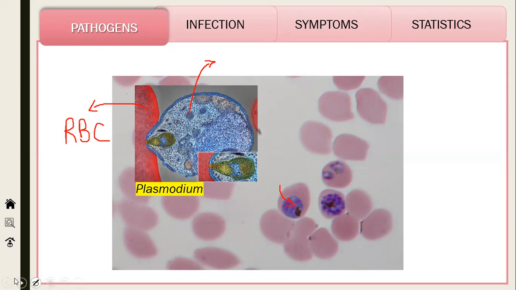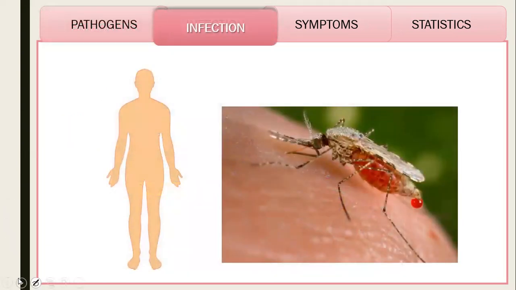sexually. So these pathogens are transmitted to our body by a special mosquito that is called the Anopheles mosquito. There are nearly 60 species of Anopheles mosquito, and not all of them carry the pathogen, but some of them do. If they're infected with the plasmodium, they can be vectors of malaria.